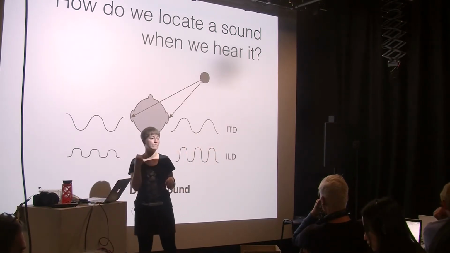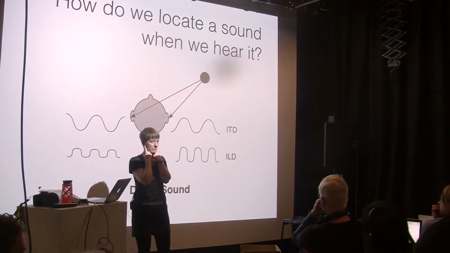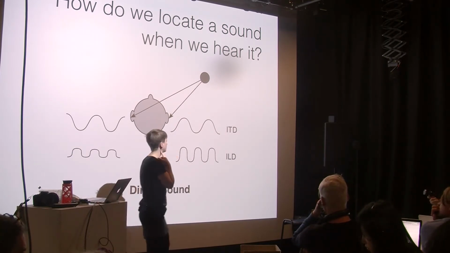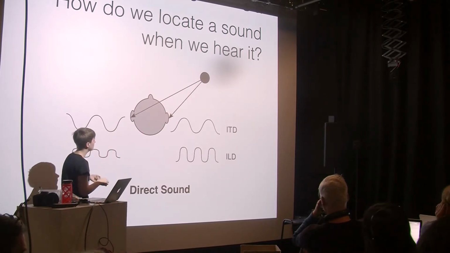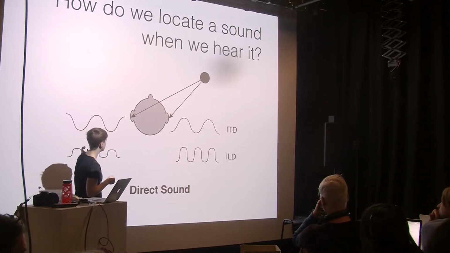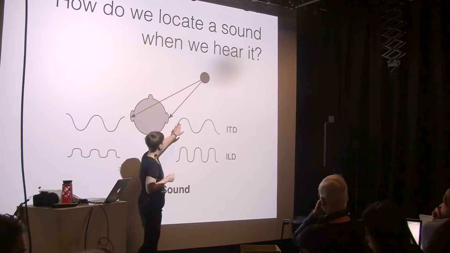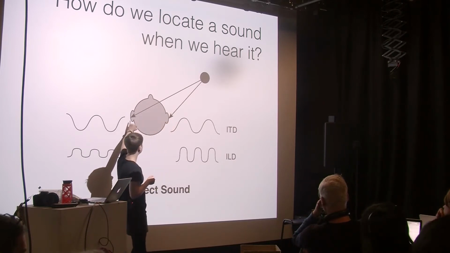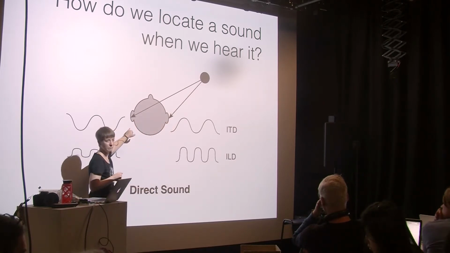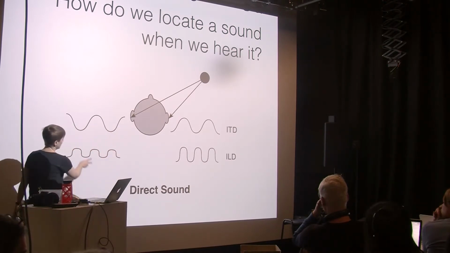So the timing or phase difference between something reaching the left and the right ear is one cue that our brain takes. The same signal will be at one phase when it reaches this ear, but it will be at a different phase when it reaches the other side of your head. So that's for lower frequencies.